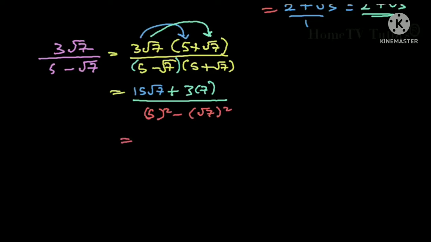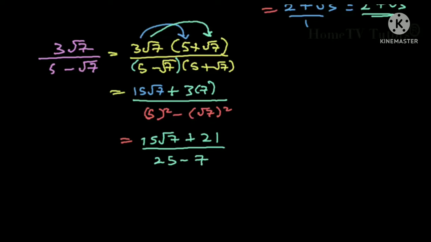Alright, so we simplify further, so we have 15 square root 7 plus 3 times 7, which will give us 21, to be divided by 5 square, which is 25, then minus square root 7 square, which is 7. Good.